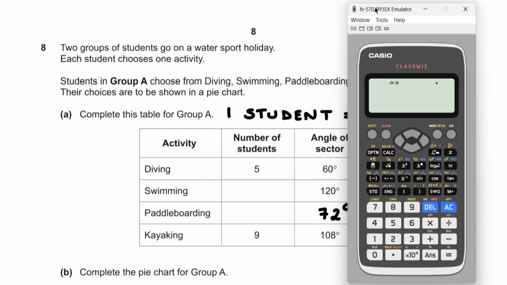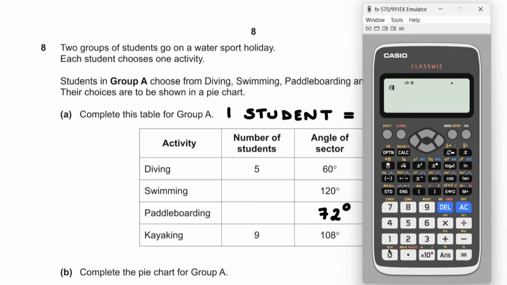So, for example, if I do 60 divided by 12, I get 5. If I do 120 divided by 12, I get 10. So 10 students swim. If I do 72 divided by 12, I get 6. And if I do 108 divided by 12, I get 9.